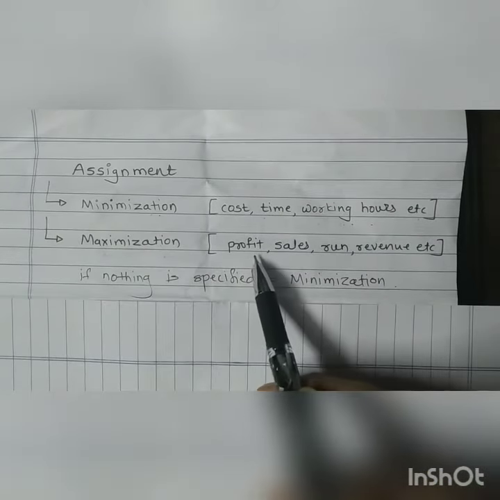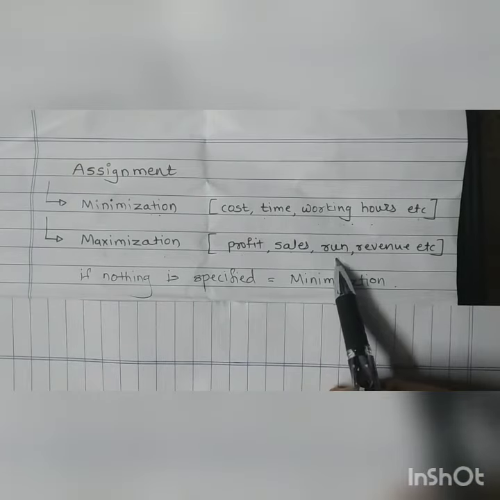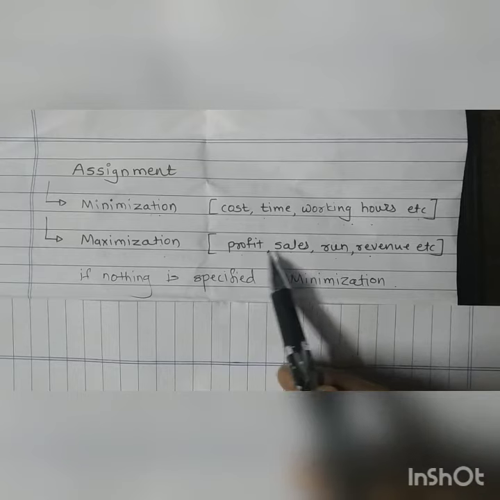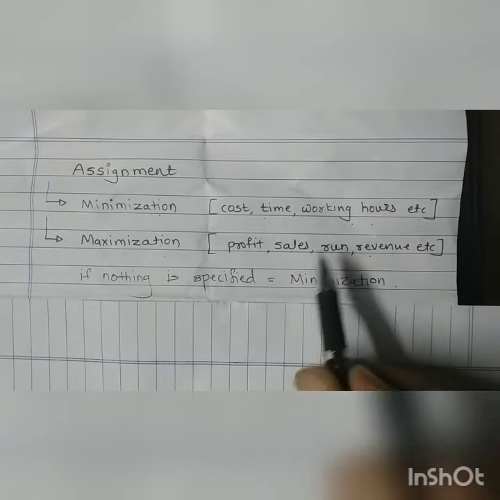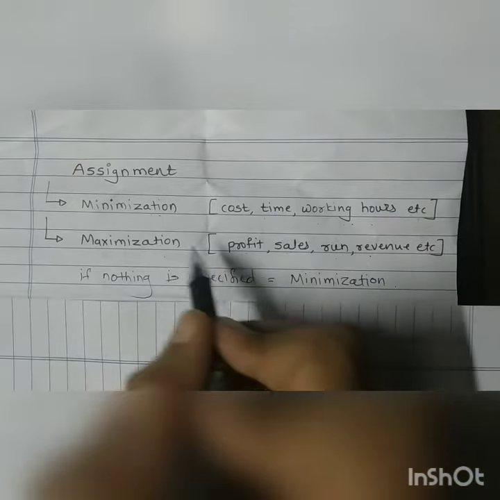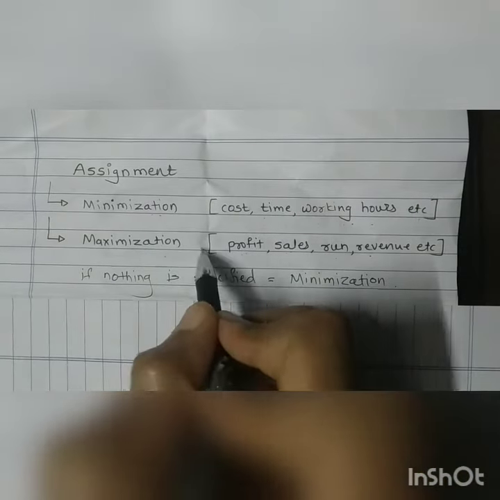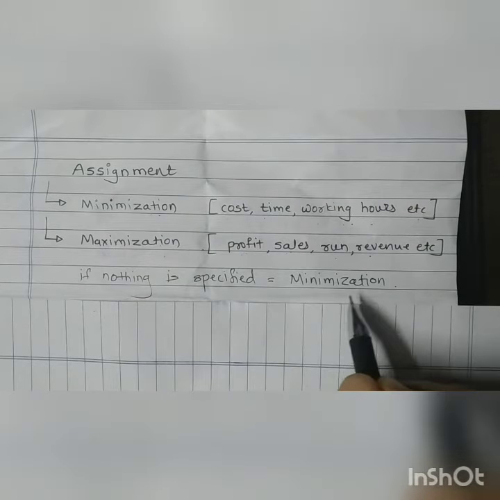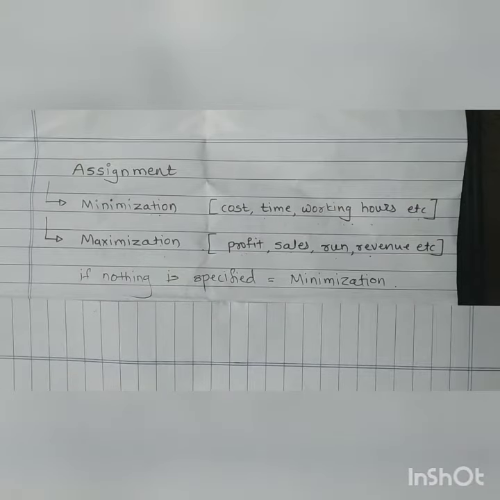And if the given entities are profit, sales, runs and revenues, etc., naturally we need maximum sales, maximum profit, so such problems are of maximization. And if nothing is specified, then we will assume that the problem is of minimization and solve it accordingly.